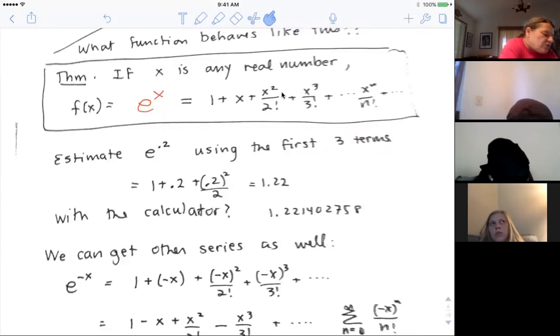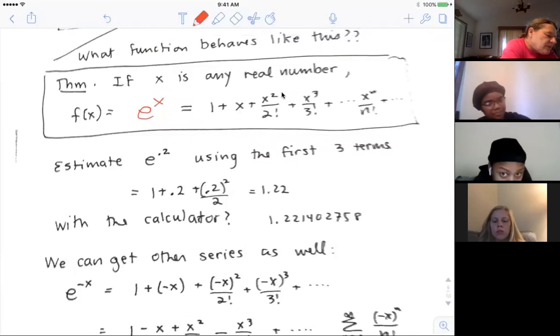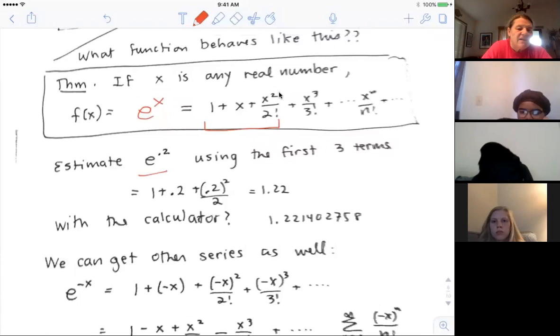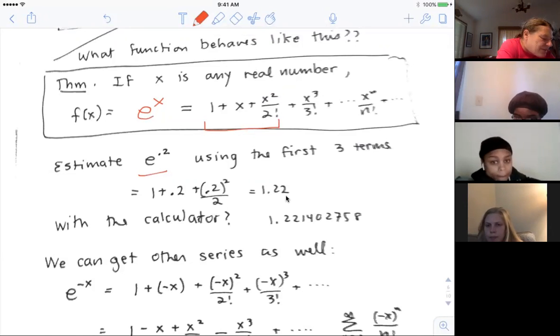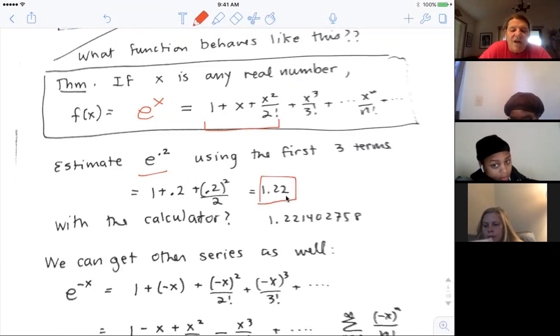But if I want to use the first 3 terms to estimate e to the 0.2, I would put in 0.2 for these terms. So 1 plus 0.2 plus 0.2 squared over 2 factorial. And if you do that, you can compute it yourself, guys, you can check me, I know I'm right because it came out close to what I know it should, you get 1.22. Now, what if you found e to the 0.2 on the calculator?